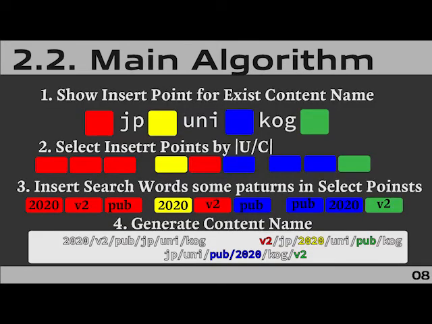Now let's move on to the actual generation algorithm. The procedure is divided into three major stages. First, select a location that can be inserted into an existing content name. Next, choose the insert point. Last, insert the search term into the selected insertion location.